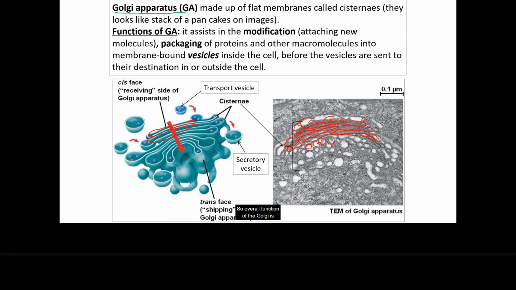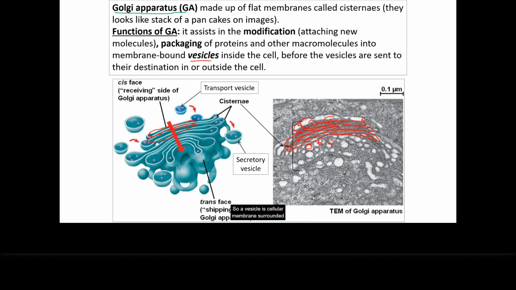So the overall function of the Golgi is to modify different macromolecules and package them into vesicles. After this, these vesicles can move these different biomolecules to different areas of the cell.